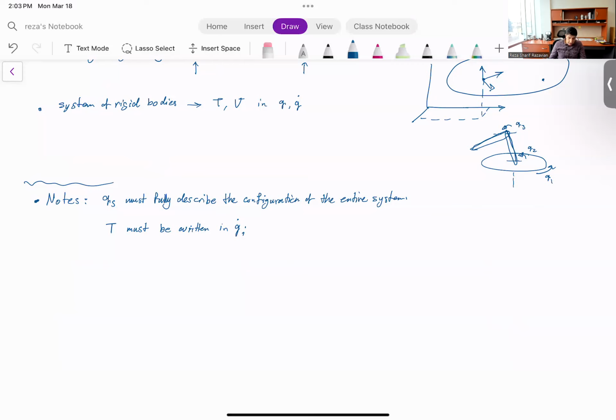So to define positions or orientations in a rotational sense, let me do it like this. Examples.